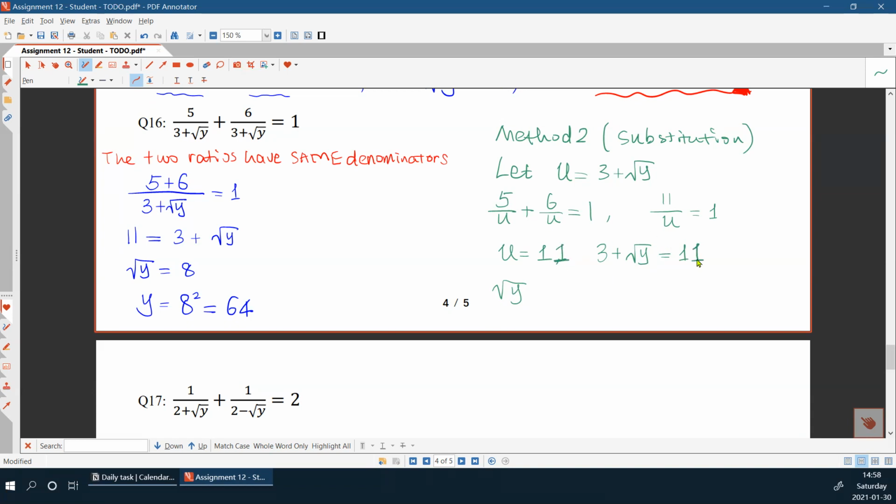Okay, that means square root of y is 8. Okay, and that means y is 8 raised to the second power, which is 64. Okay, any questions?